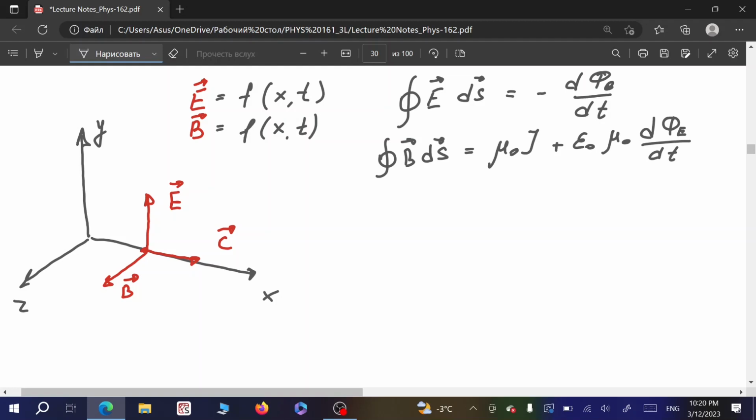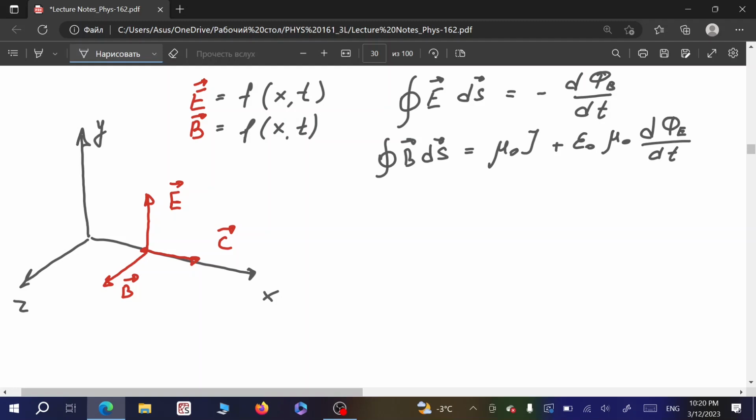So here we have ΦB, magnetic field flux, and here we have electric field flux, first derivative over time.